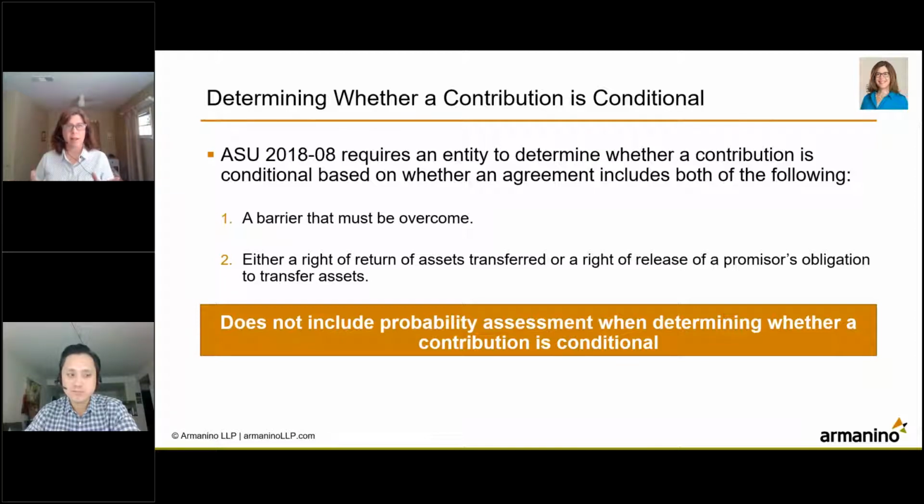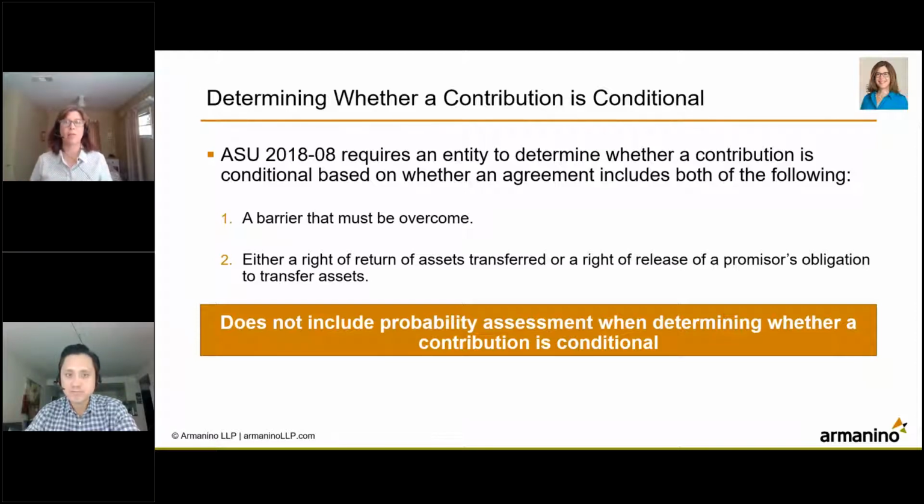They considered whether that concept should continue to be part of GAAP, and concluded that no, it shouldn't. So even if it's something that you've been doing for a long time, and there's a 99% probability that you are going to end up doing it, then you still would not recognize it until you have overcome the barrier. So that's an important distinction, I think, for some organizations.